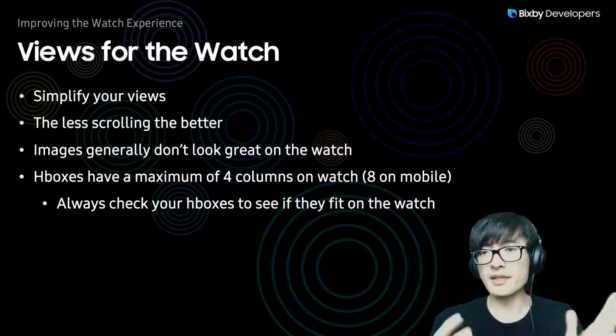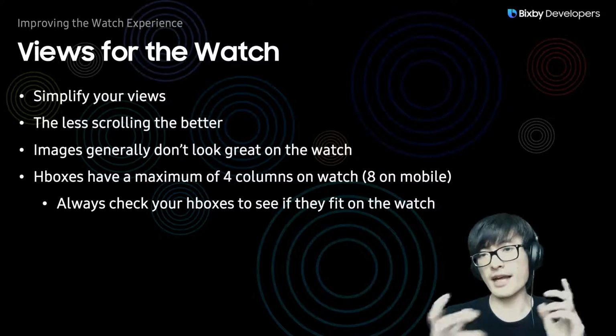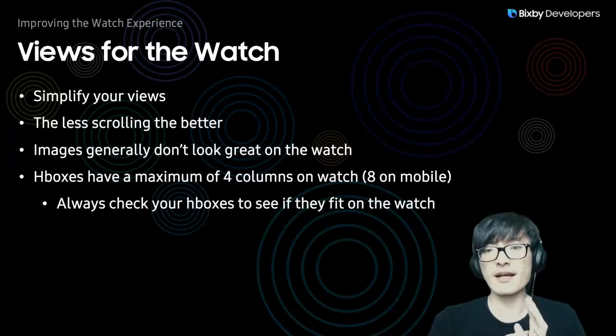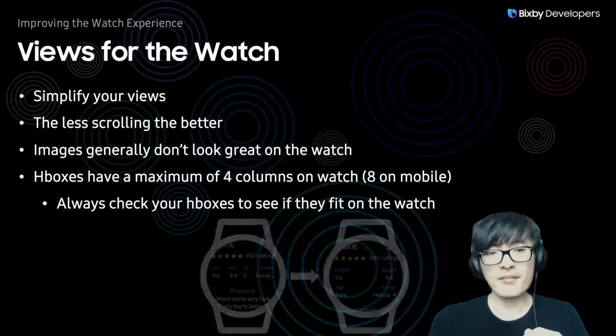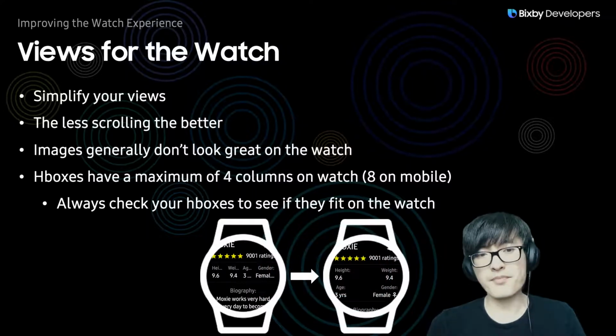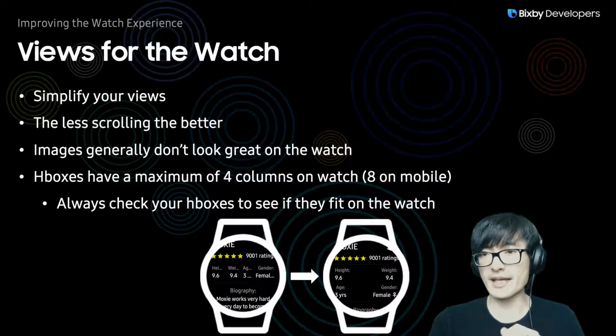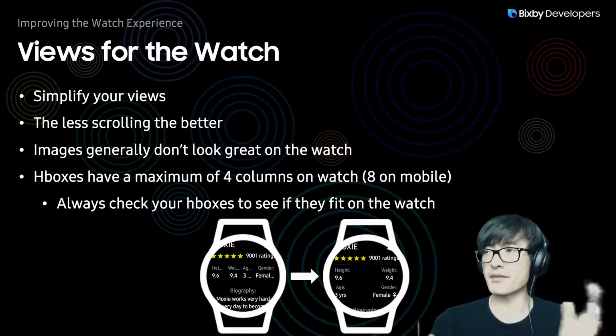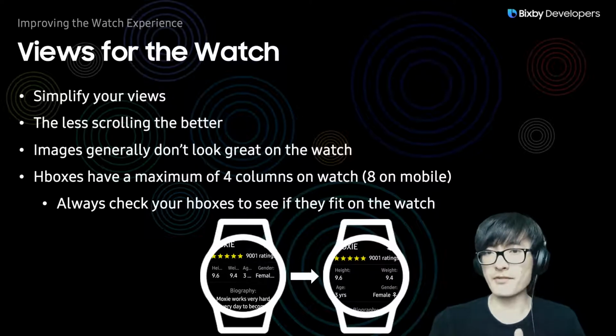Unlike mobile, you can put 8 V boxes in an H box. So make sure to always check your H boxes to see if they fit on the watch properly. That's one of the main components that does not really translate well when it comes to cross-device compatibility for views.